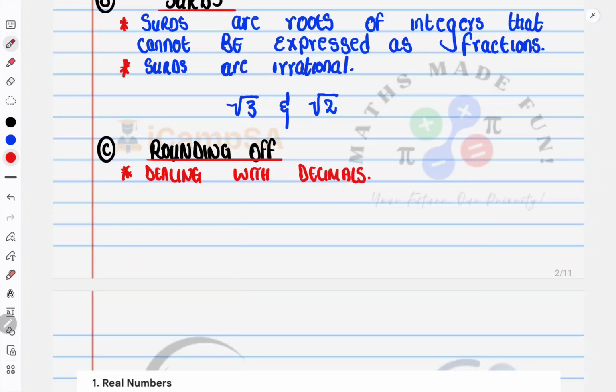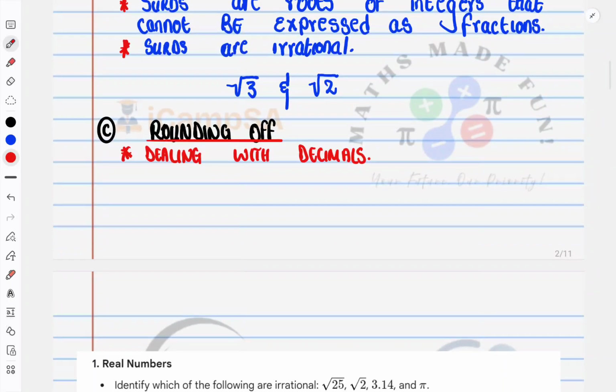Okay, there are two important rules for rounding off. Number one, when rounding off, at the cutoff number, if the number is greater than 4, meaning 5 going upwards, we always round up.